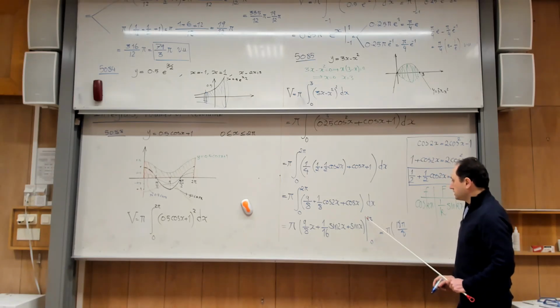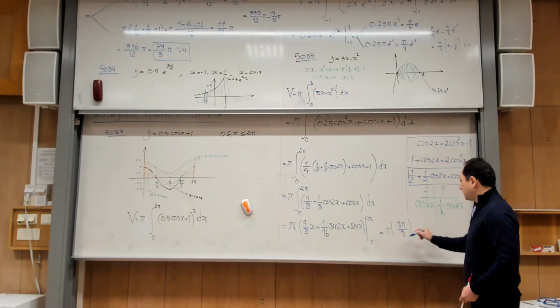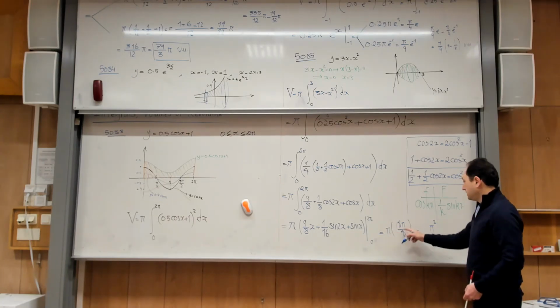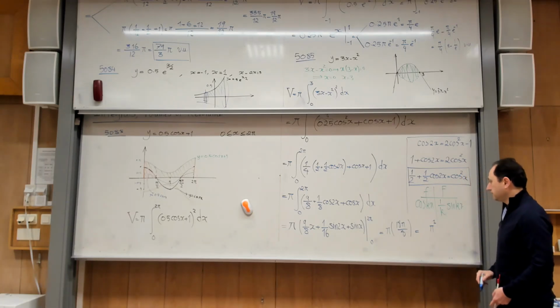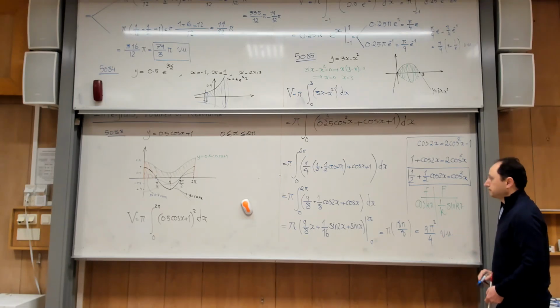But the good news is that when I put 2 pi here, sine of 4 pi is 0, sine of 2 pi is 0, so nothing. That's it. And then this pi multiplied by that pi will give me pi squared. 18 and 8 can be simplified by 2, so it becomes 9 over 4 volume units.